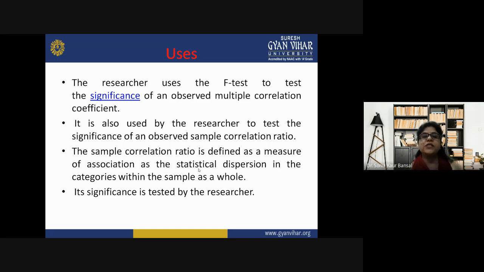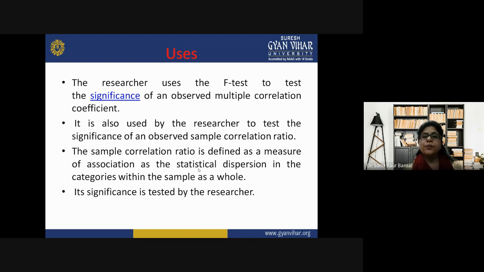We all know that when we have to see the significance of two groups, then we apply the t-test. But if there are multiple groups and we have to see more and more correlation, then the researcher uses the F-test to check it out.